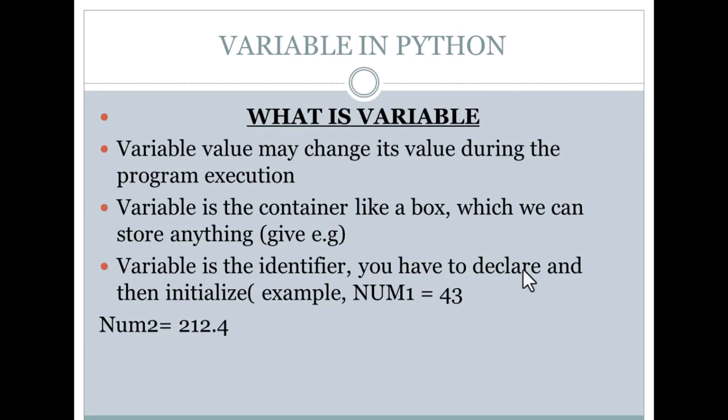Okay, so let's quickly go back to what is a variable. A variable's value may change during program execution. This is when you want your machine to perform some arithmetic operation for you.